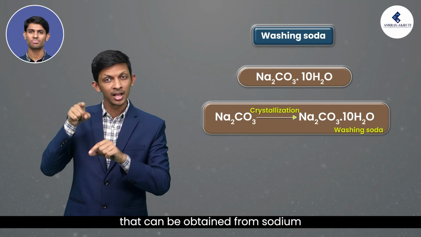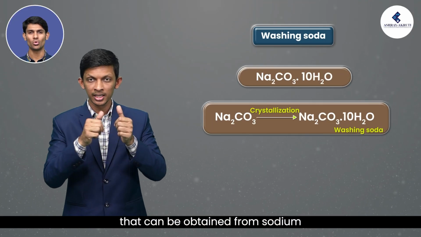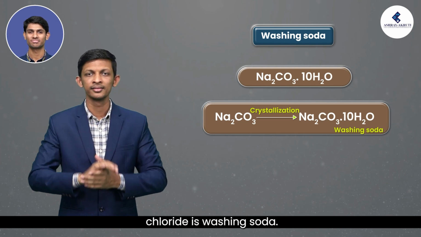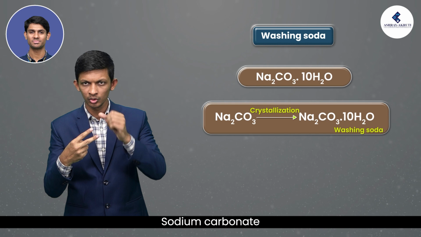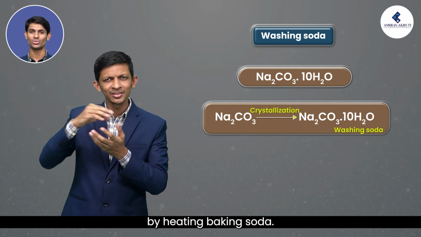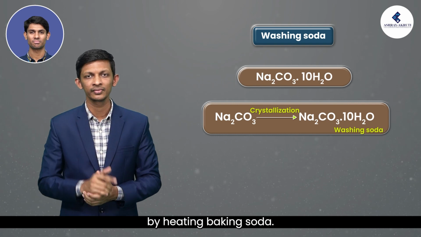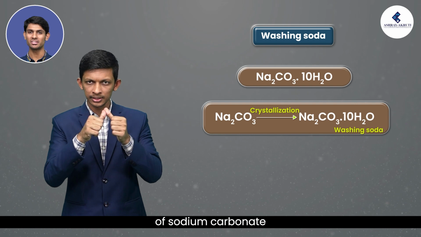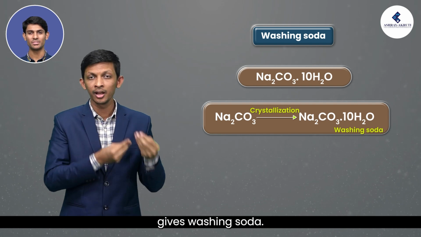Another chemical that can be obtained from sodium chloride is washing soda. Sodium carbonate can be obtained by heating baking soda. Recrystallization of sodium carbonate gives washing soda.